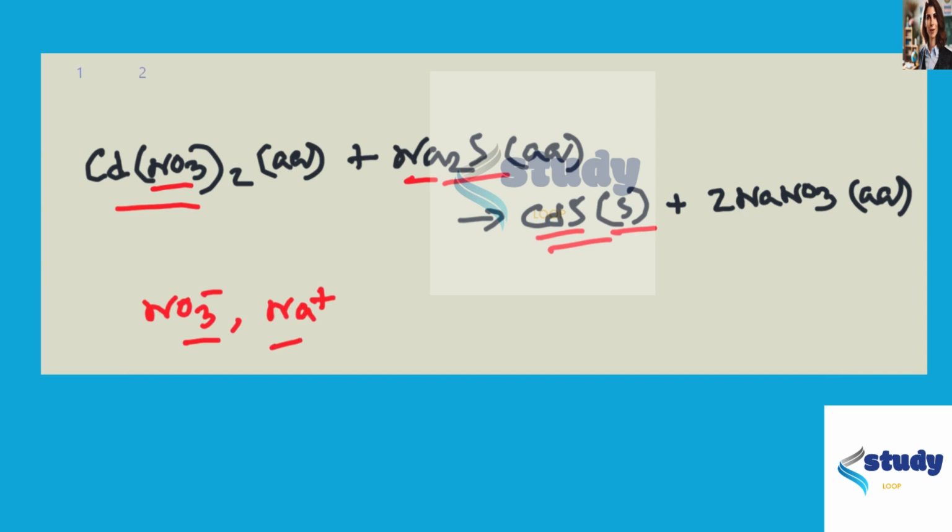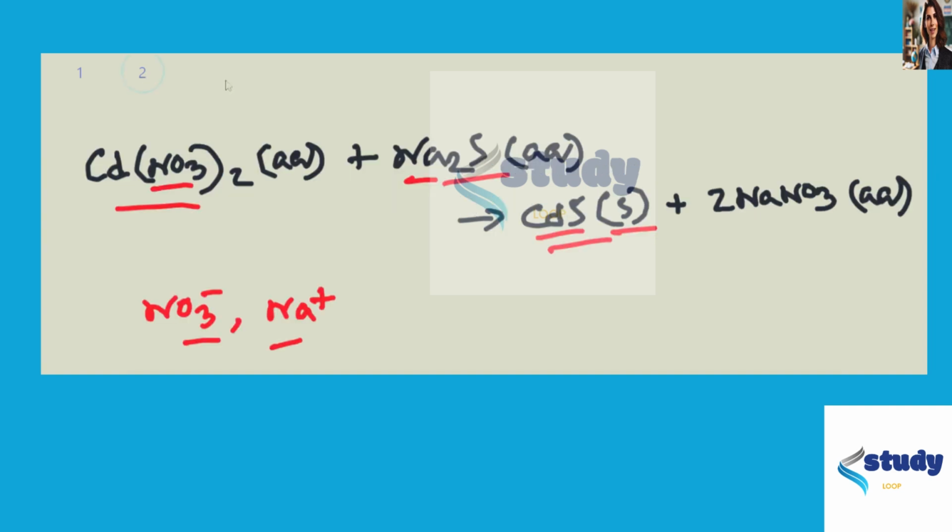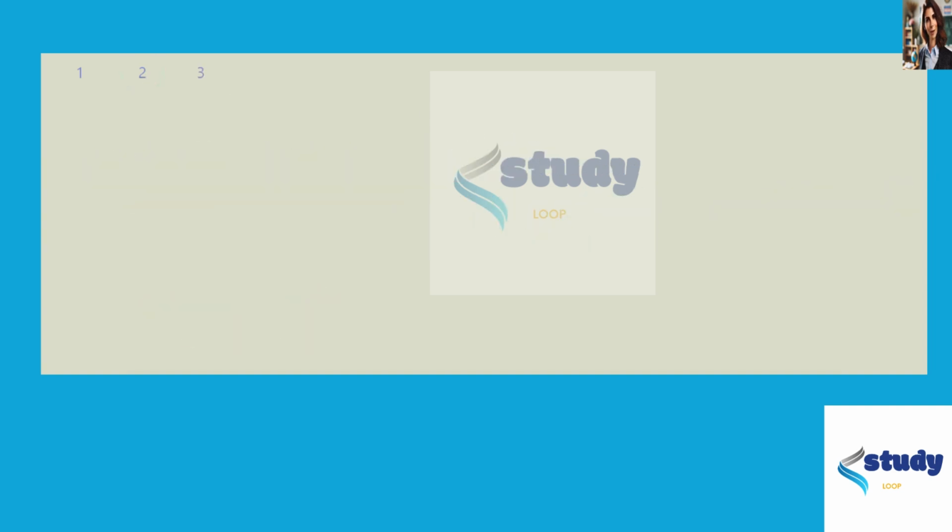Now in the third part of this question, we have to write down the net ionic equation for this reaction. So for the net ionic equation, we will write down all the aqueous ions in the ionic form.